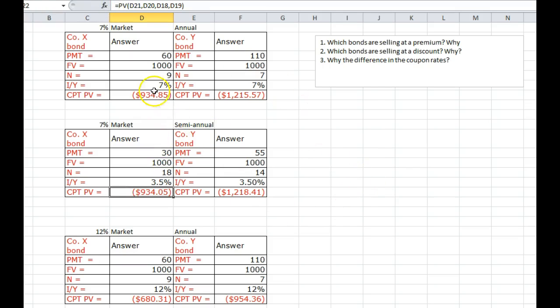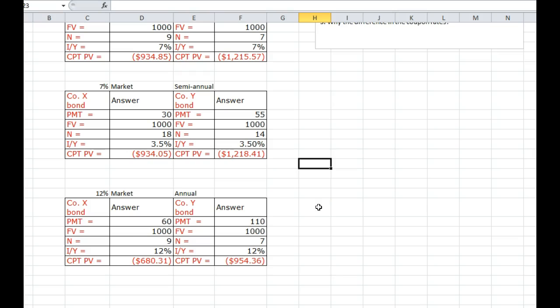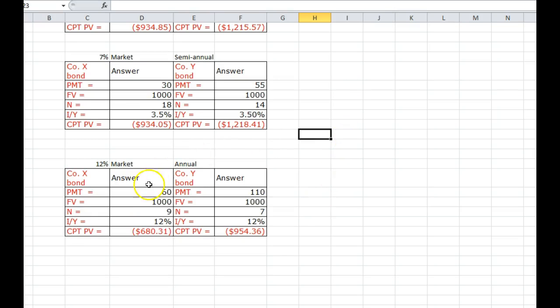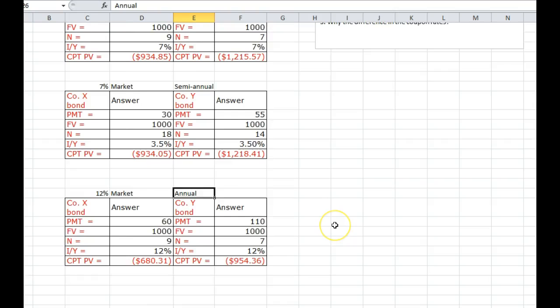So you can see there's very little difference in this one, maybe 80 cents, and very little difference in this one. Now you're going to go down to 12% market here. And this is annual again. So plug and chug it in and get it all done.